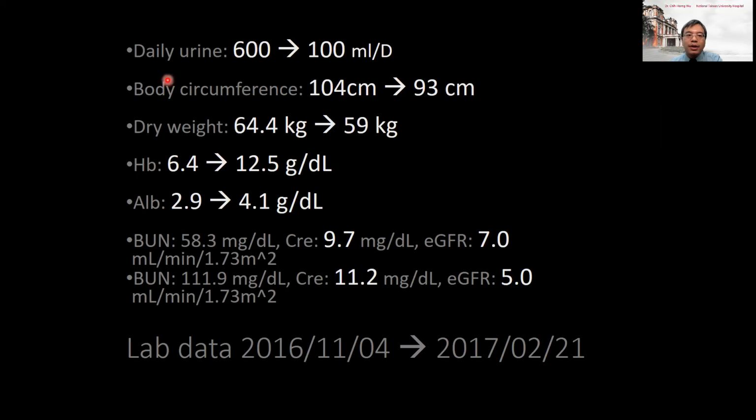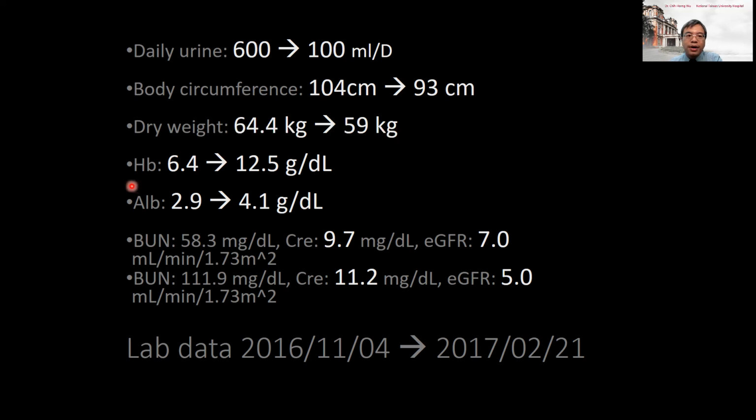In follow-up, his daily hematuria went from 600 to 100, and then no more hematuria after embolization. The body circumference went from 104 centimeters to 93 centimeters. The dry weight went from 64 kilograms to 59 kilograms.